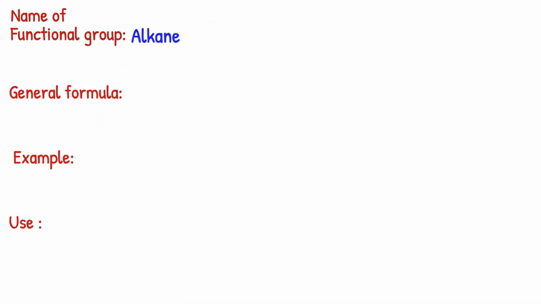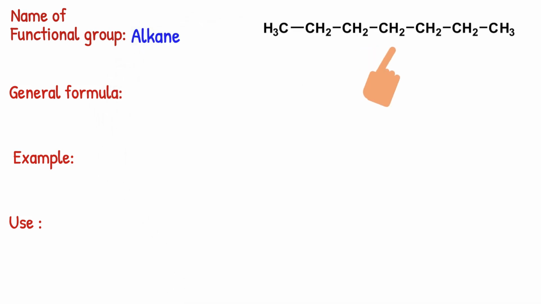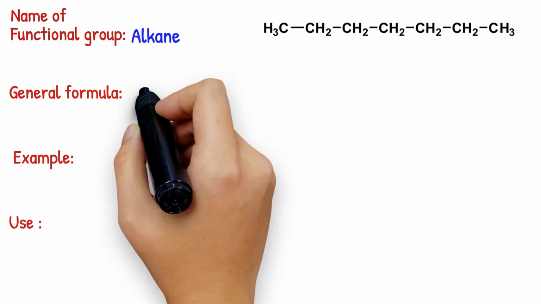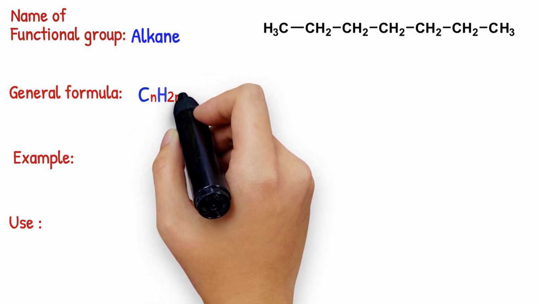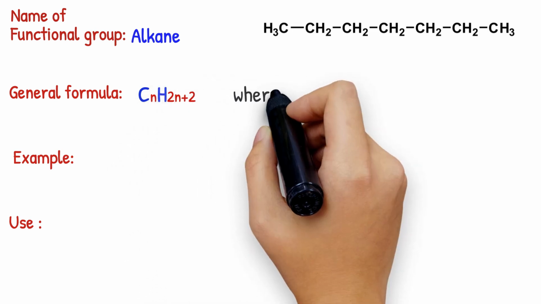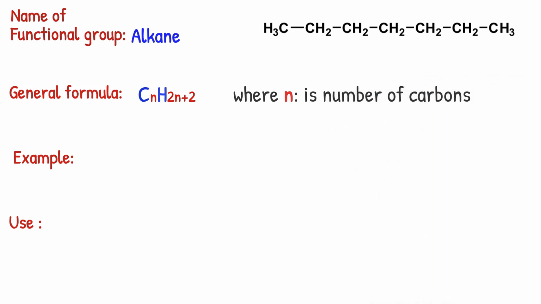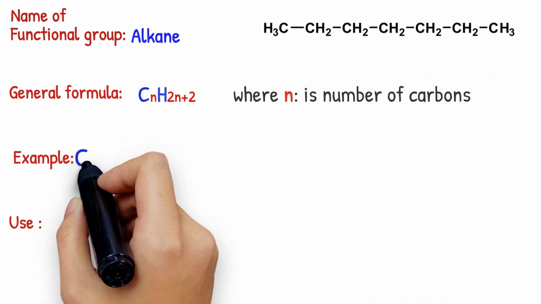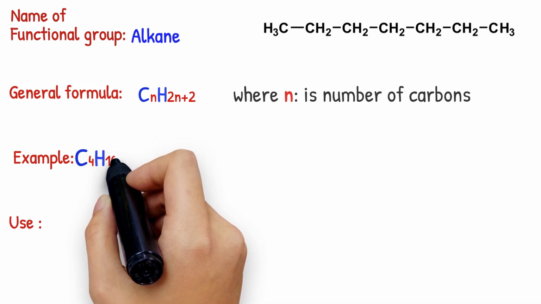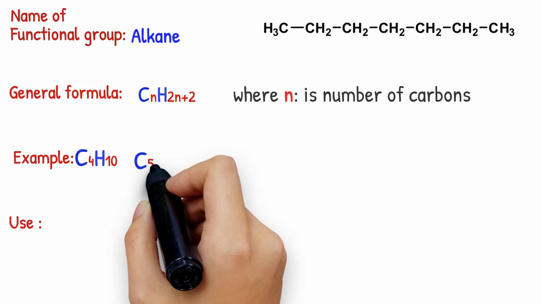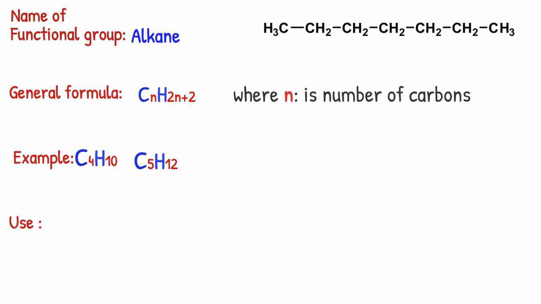Alkanes. Consider the following example. This is an alkane. In this example, there is only single bond between carbon-carbon bond. The general formula of alkane is CnH2n+2, where n is number of carbons. For example, alkane with 4 carbons will have 10 hydrogens. Alkane with 5 carbons will have 12 hydrogens.